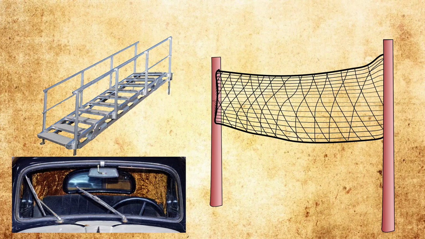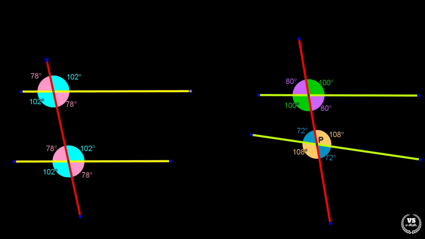Why do we study these groupings? Now, look at this video. There are 2 examples. The first one is a transversal crossing 2 parallel lines, while the second one is a transversal crossing non-parallel lines. Observe the top 4 angles with the bottom 4.